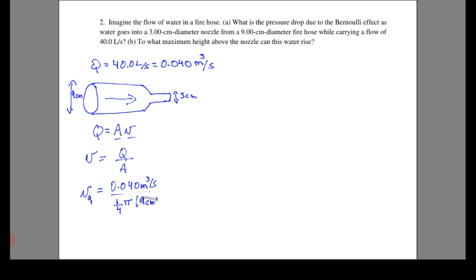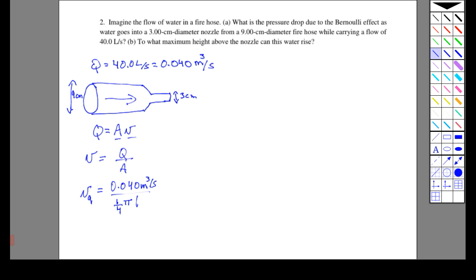So let's just erase this. And we want 0.09 meters squared. There. Okay, and this ends up becoming 6.29 meters per second.